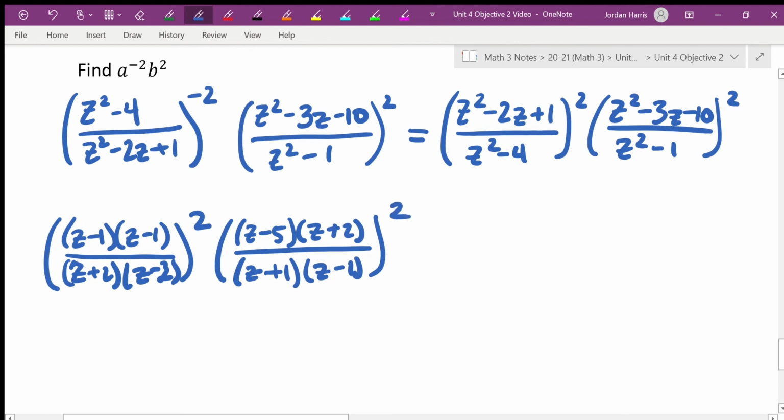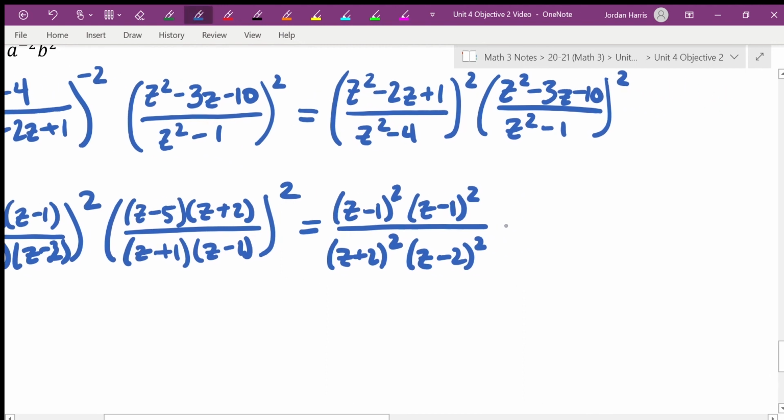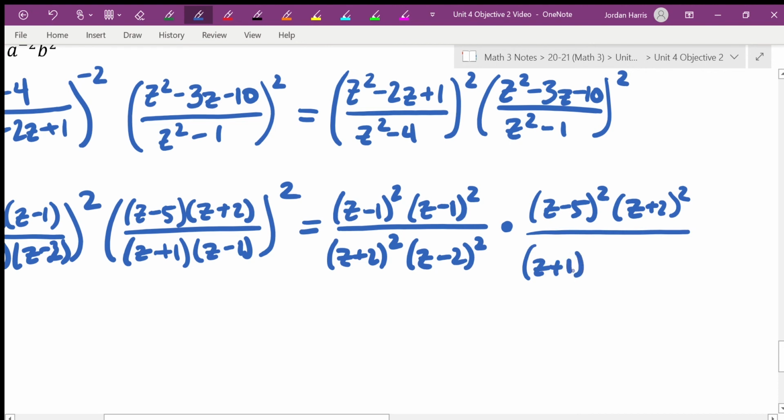Not just that one squared, all of it is squared. So the squareds just mean each thing inside happens twice. So z minus 1 squared, z minus 1 squared, z plus 2 squared, z minus 2 squared, times z minus 5 squared, z plus 2 squared, over z plus 1 squared, z minus 1 squared.